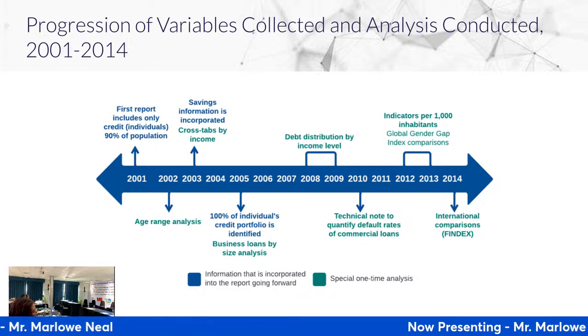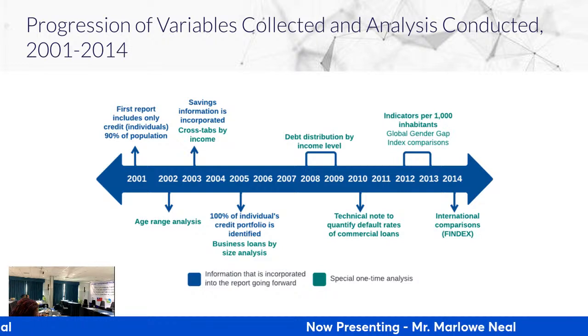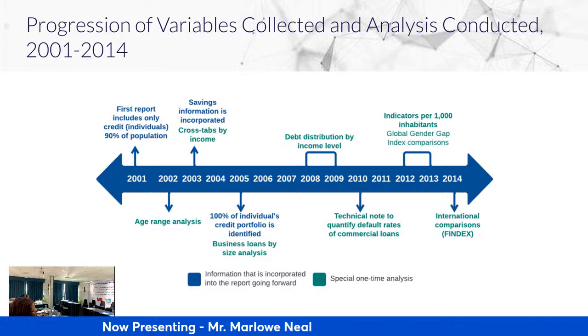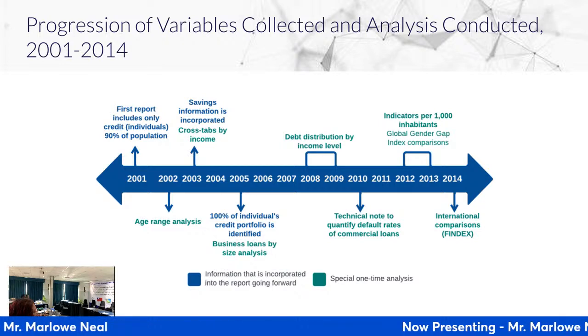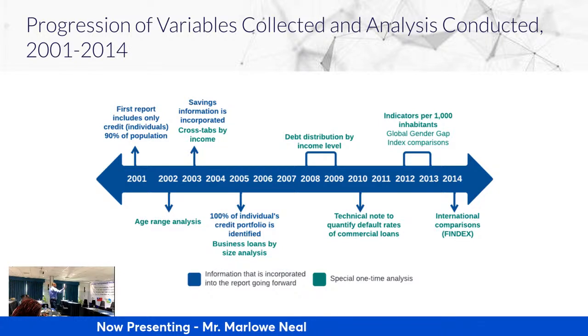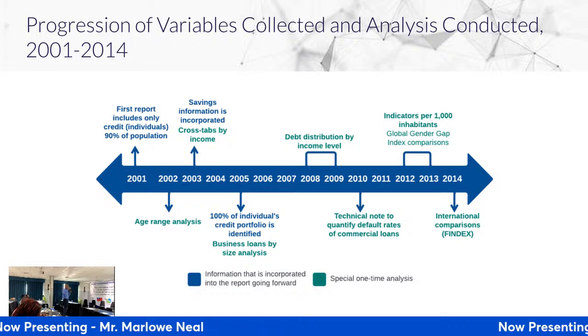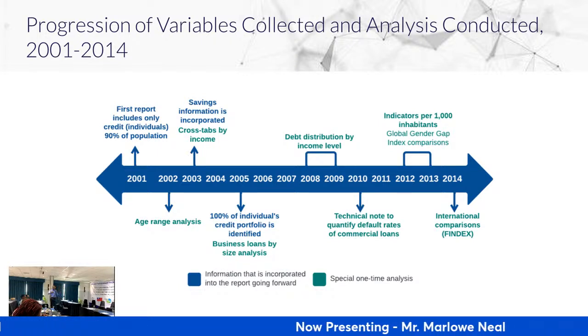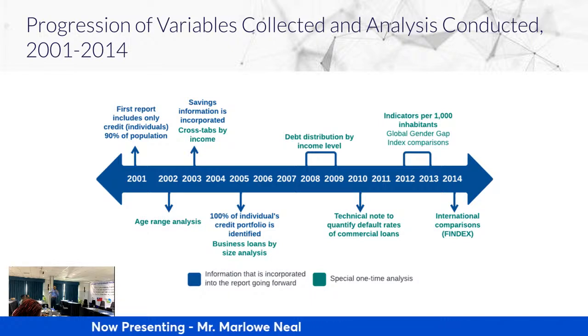Because while within the organization you can start to capture this information, actually using the data is usually a different story. So in the case of Chile, as you can see, it took them 13, 14 years from starting the collection, the first report in 2001, where they started next with age range analysis, looking at the savings information, cross-table income, and then a natural progression.